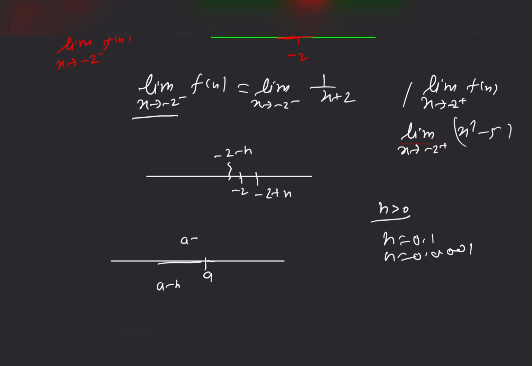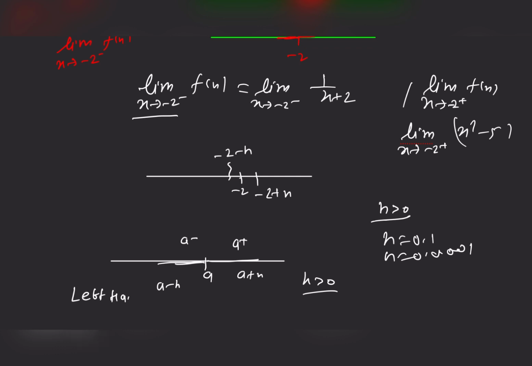On the right side of a, it is a plus, and it is a plus h, where h is an arbitrarily small positive number. Now if you find the limit for numbers less than a, meaning at a minus, then we say it is a left hand side limit.